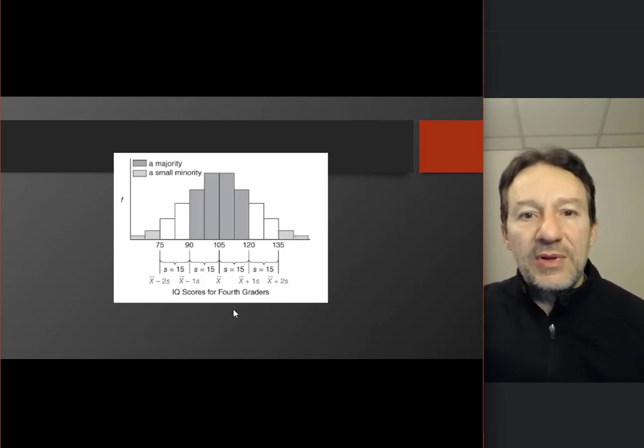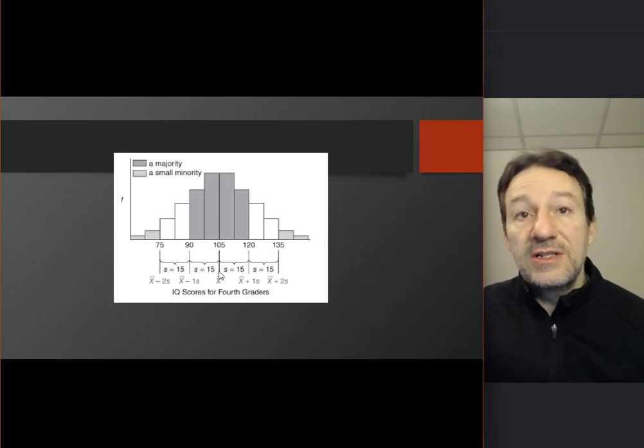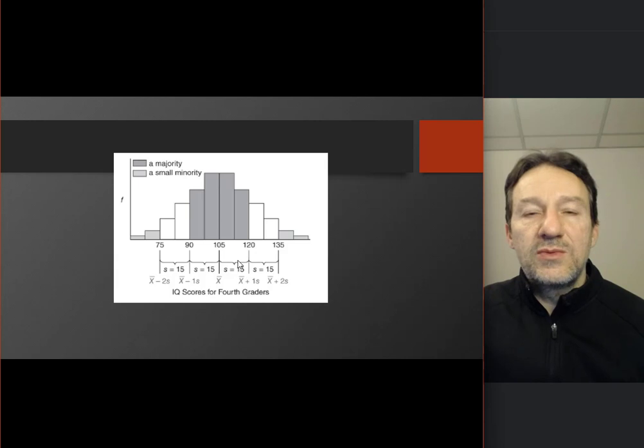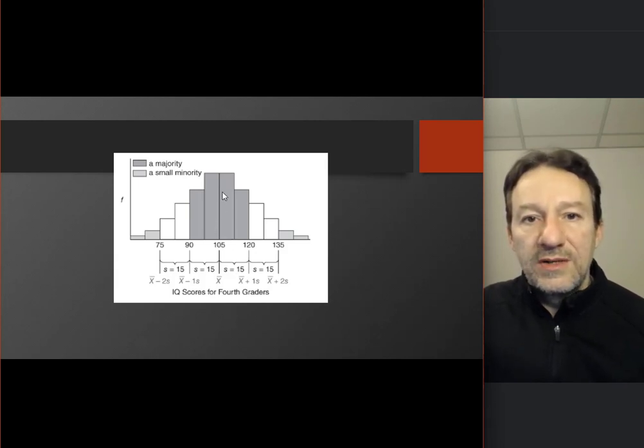So in this example, this is IQ scores for fourth graders. The average for them is 105. One standard deviation either direction is 15. So if we go to 90, that gets us one standard deviation this way. If 105 to 120, that's one standard deviation, 15. A lot of our scores are going to be just in this area here. The majority of our scores, in fact.